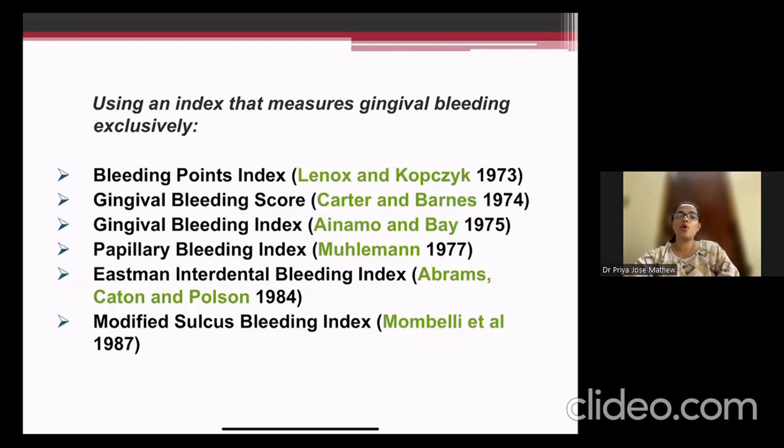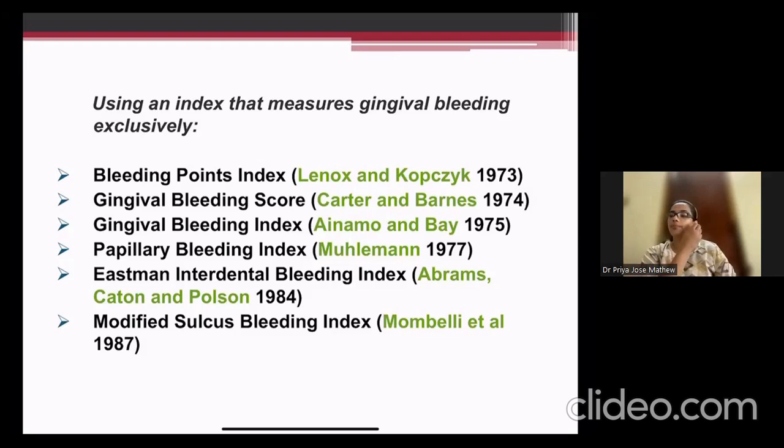That is the bleeding point index by Lenox and Kopczyk in 1973, the gingival bleeding score by Carter and Barnes in 1974, the papillary bleeding index by Muhlemann in 1977, then the Eastman interdental bleeding index by Caton and Polson in 1984, and the modified sulcus bleeding index by Mombelli et al. in 1987.